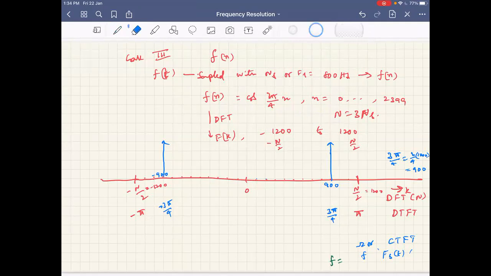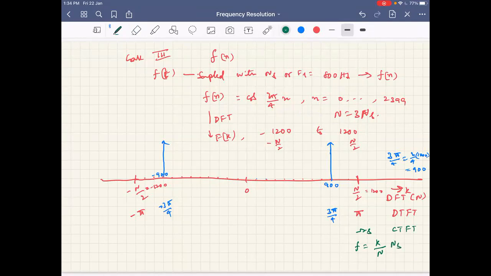Let me write this a little up: omega s, for the continuous time Fourier transform axis we want to write, we want f equal to k by n into ns.